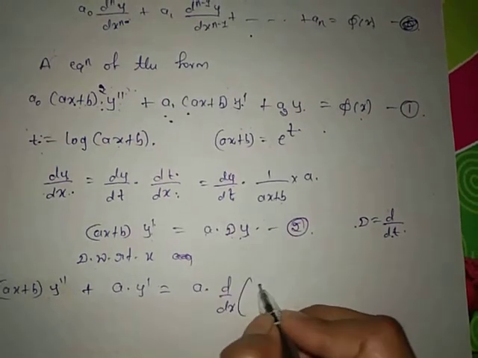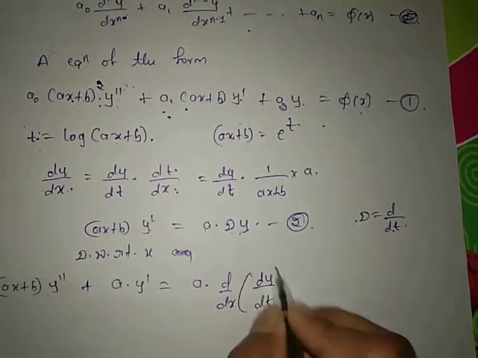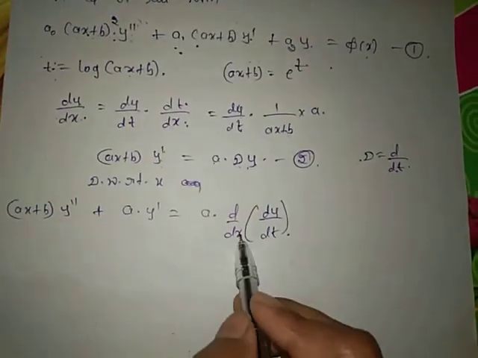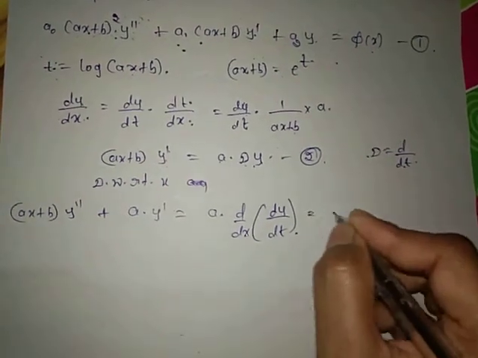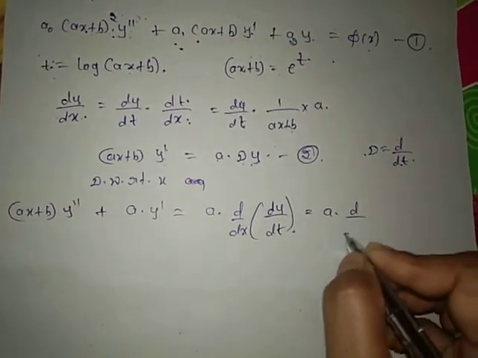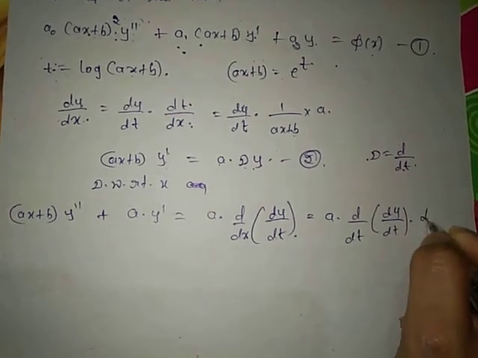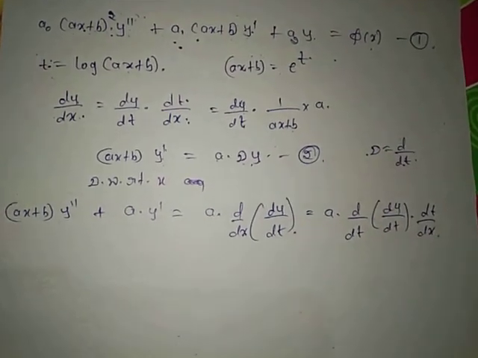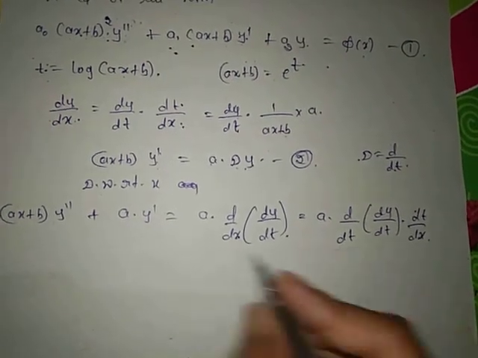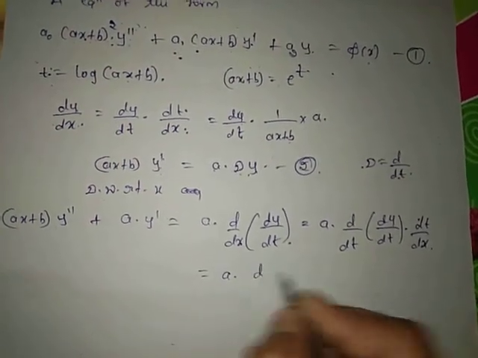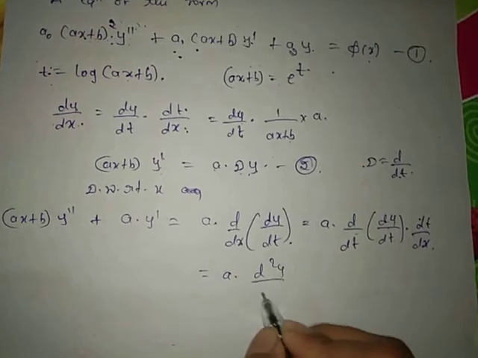Dy is nothing but dy by dt. Again differentiating with respect to x, we apply the chain rule here: d by dt into dt by dx. Again dt by dx equals a into d square y by dt square.